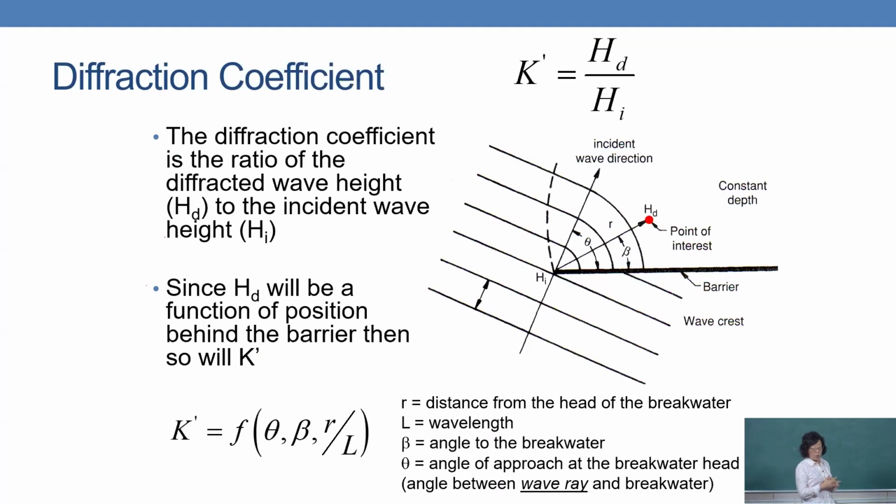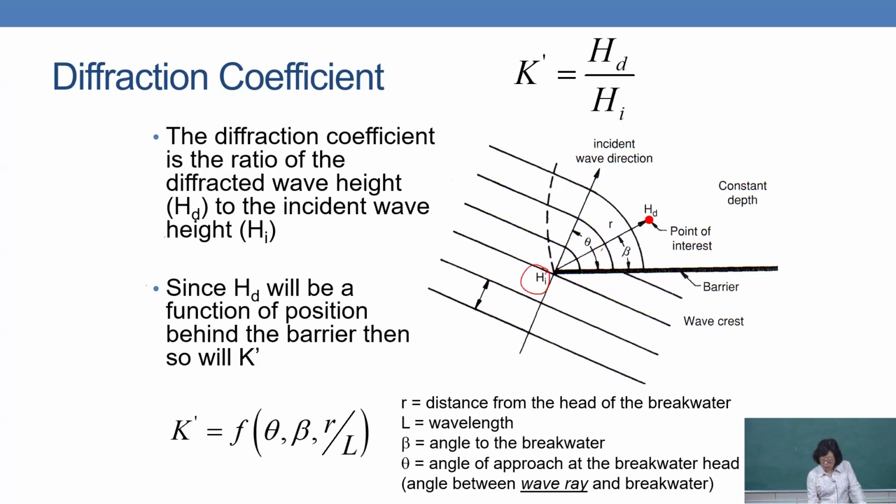But how can we do the calculation to find out, because of those diffraction effects, what the wave height will be? So the diffraction coefficient we are defining will be the wave height inside this area relative to the outside.